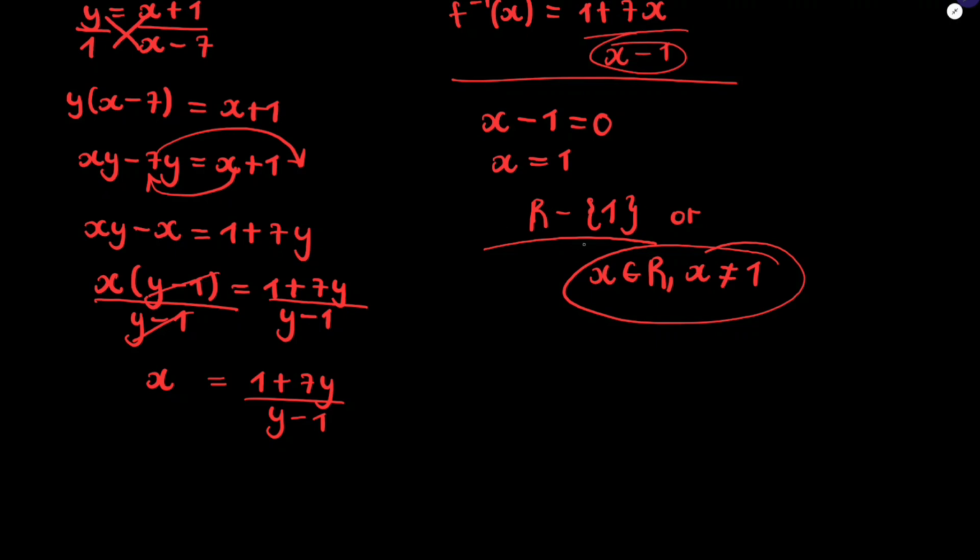This is a simpler and short form, but here we are saying x is an element of R and x is not equal to 1, because if we substitute 1 in the place of x in this function, we are going to have 1 plus 7x divided by 0, which will make it undefined. So that is why we are saying x should not be equal to 1.